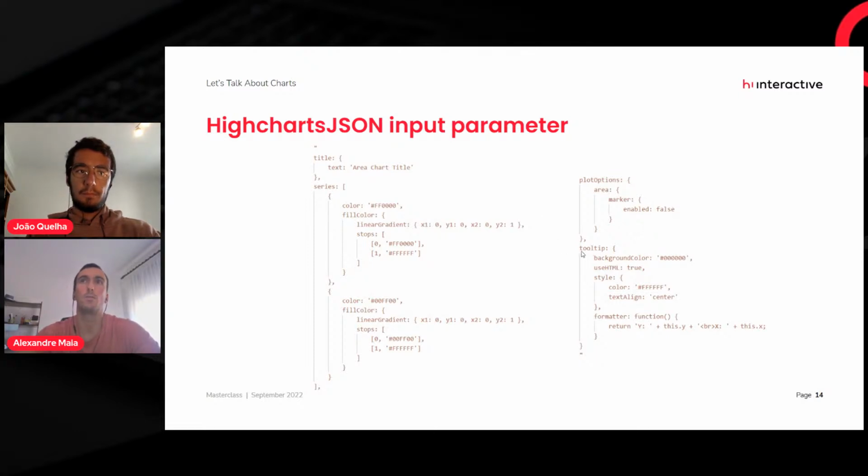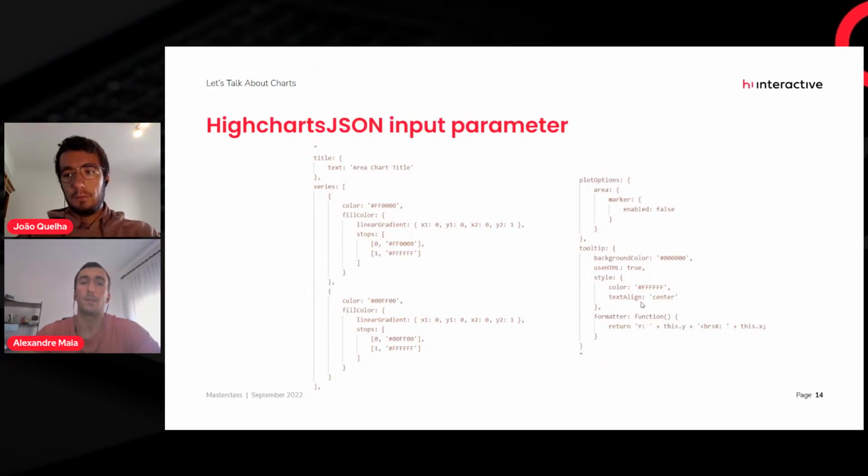And we also customized the tooltip. So we have the property tooltip, and here we have several things that I customized: the background color, use HTML set to true. This is important because otherwise some styles will not work. For example, the text align would not work without this one.